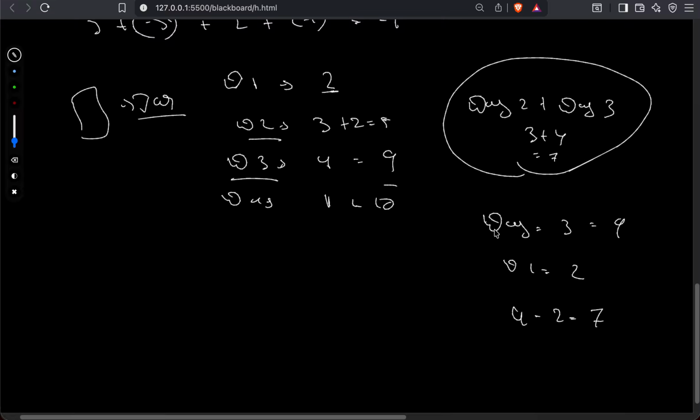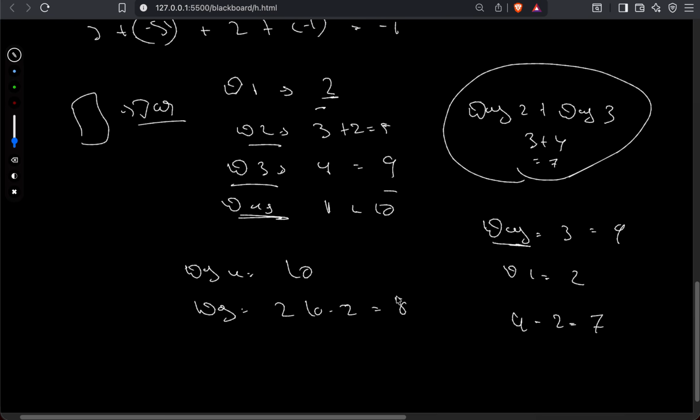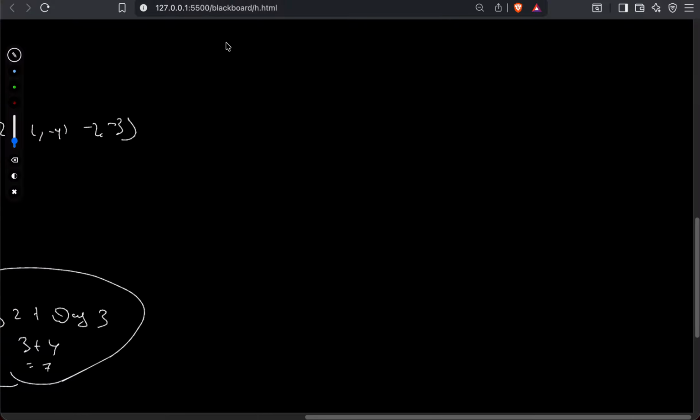Did you know how we calculated this? If the total after day 4 is 10, and we subtract day 1, which is 2, then 10 minus 2 is 8. See, days 1 2 3 4, and candies 2 3 4 1.